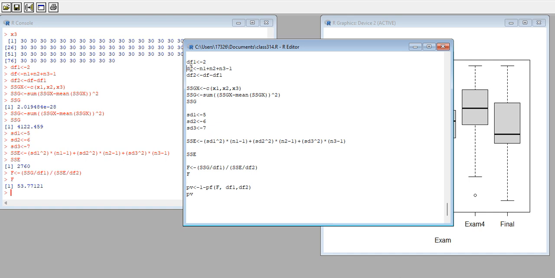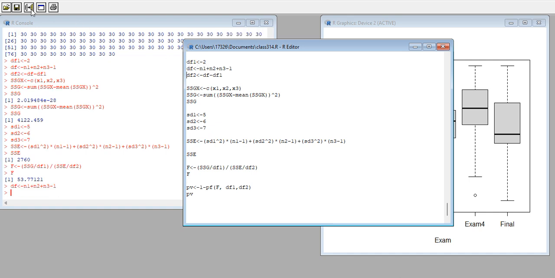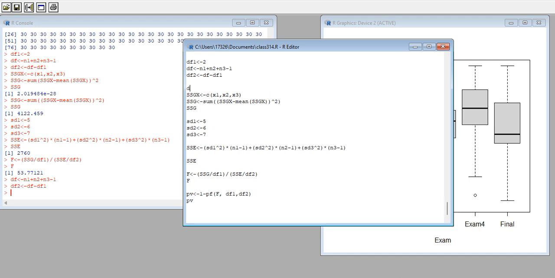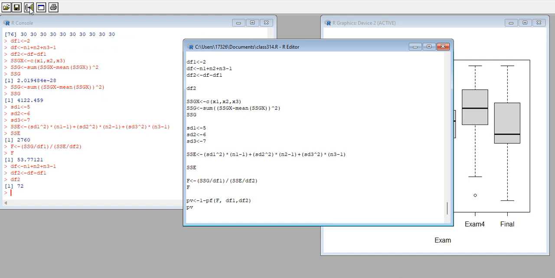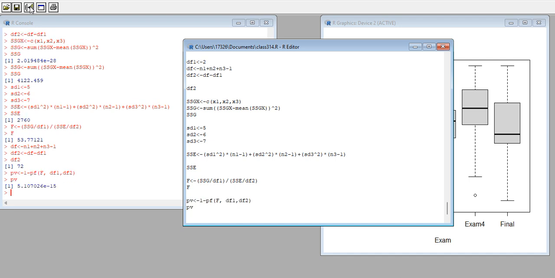This one is okay. We also can check df2. What is df2? df2 is 72. 72 is okay. df1 is 2, so this should be the F value. df2 is okay. The F value is so big.